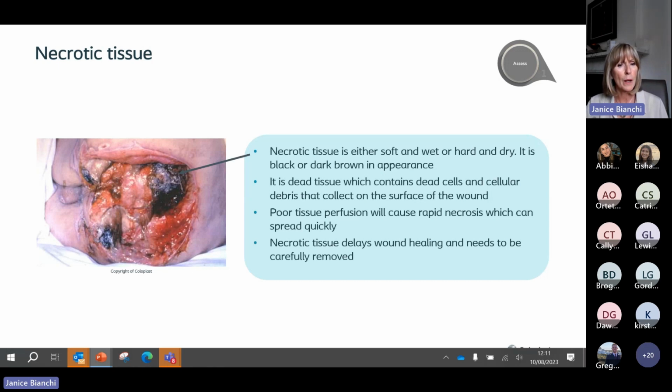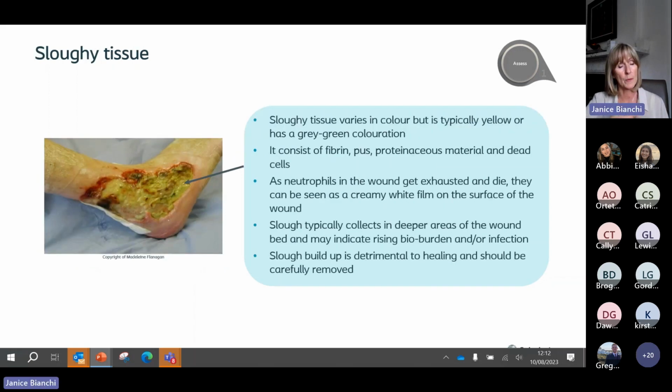But if there's poor perfusion, necrotic tissue can spread quite quickly. Ideally, necrotic tissue should be removed from the wound bed, and it needs to be carefully removed. So that tends to be in the hands of a specialist, such as the tissue viability nurse or, for the foot, podiatry, or some surgeons too will do this.